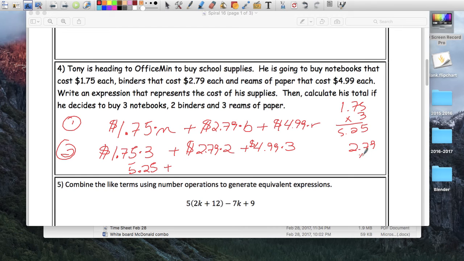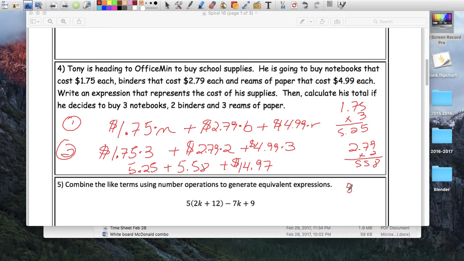So it's 18 goes 1, 15, 5, 5.58. And $4.99 times 3, which is going to be almost $10, but a little bit less, 2 cents less. Oh, times 3, sorry. It's going to be $14.97. My bad. Okay. And now I'd have to add all those 3.